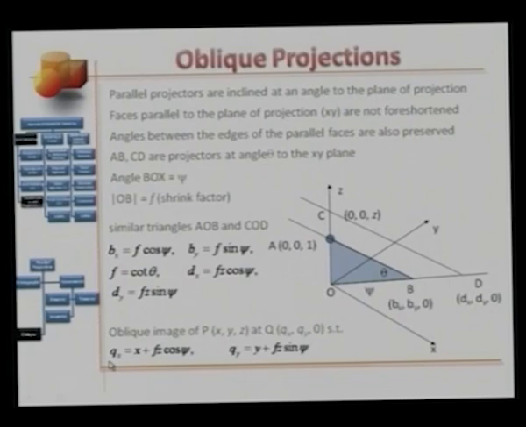Qx will be equal to x plus f times z cosine of psi. Note that this is dx, and qy equals y plus f times z sine of psi. Note that this is dy. In a sense, we add x to dx to get qx, and we add y to dy to get qy.